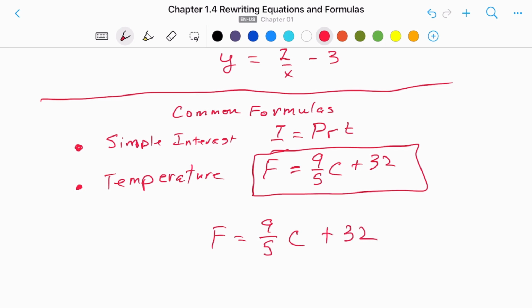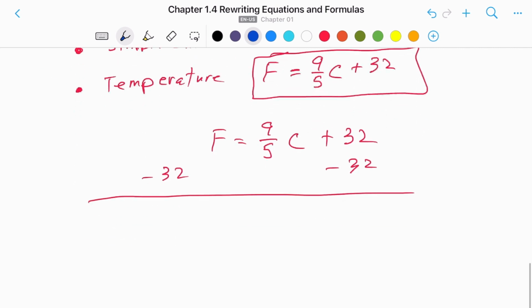What if you needed to convert it the other way? What if somebody gave you Fahrenheit, but you had to know Celsius? Well, you can solve for Celsius. First thing you're going to do is subtract 32 from both sides.